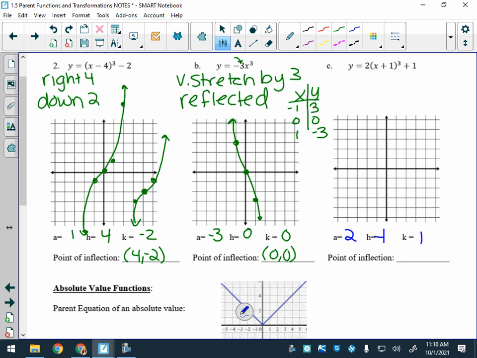Gavin, what's my point of inflection? Negative 1, 1. So, what transformation is happening? What's 1? John? Left 1, up 1. Anything else happening? Phoebe? Vertical stretch.